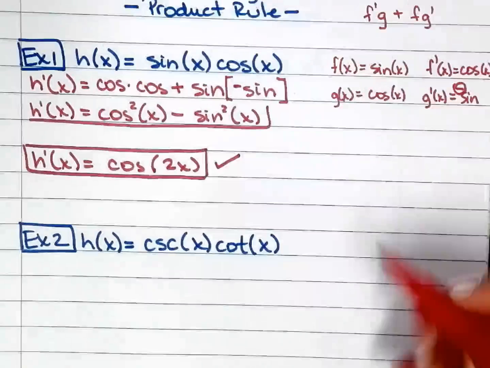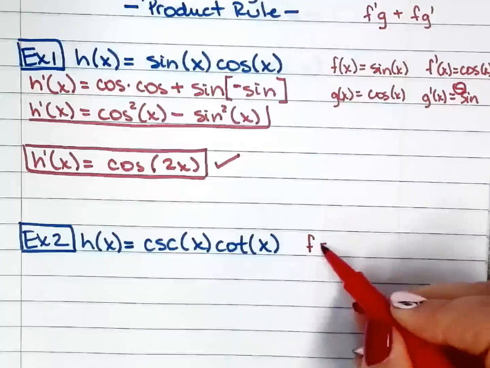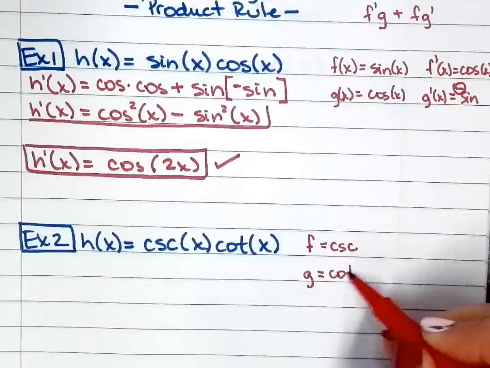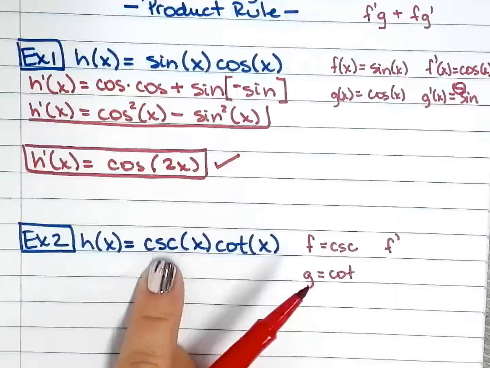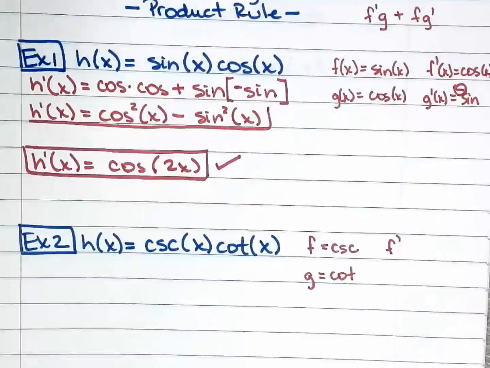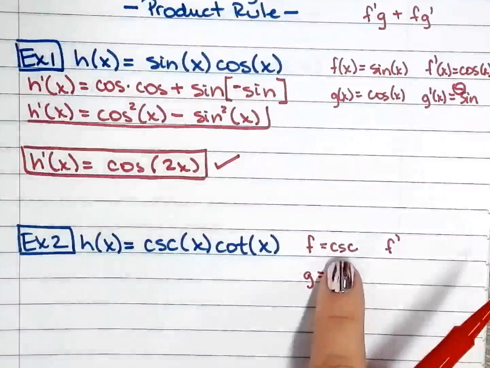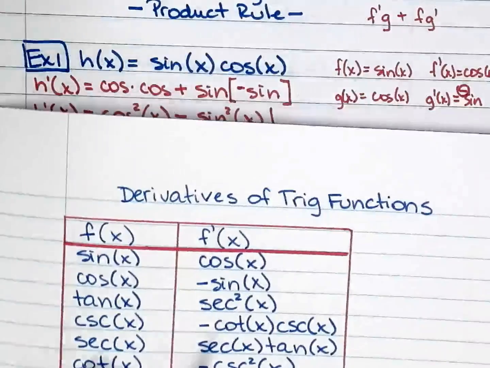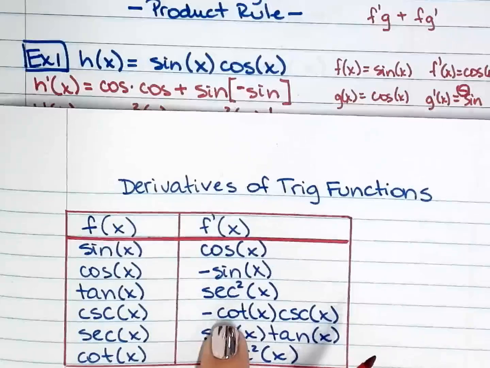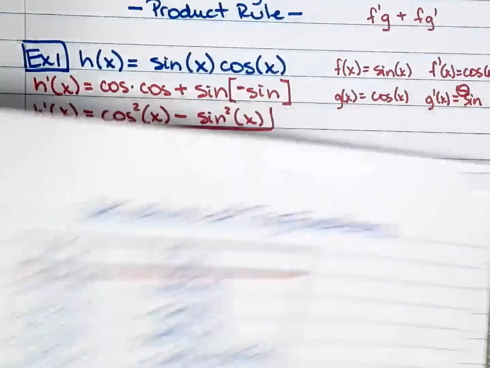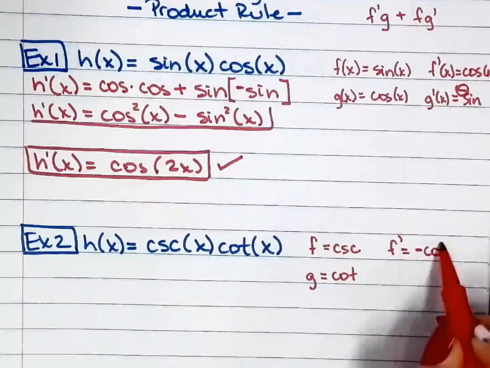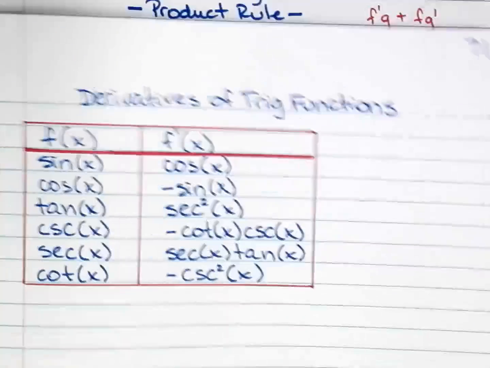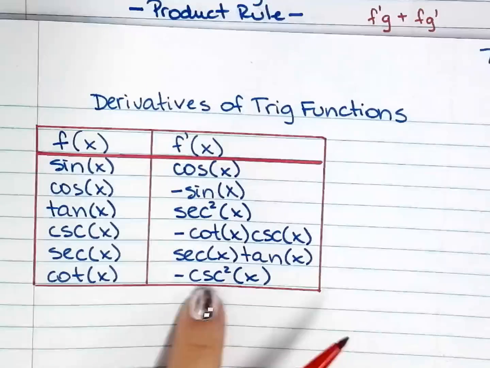So off we go. Now f of x will be cosecant and g will be cotangent. For f prime, from our handy dandy chart from last video, the derivative of cosecant is negative cotangent times cosecant. And the derivative of cotangent is negative cosecant squared.